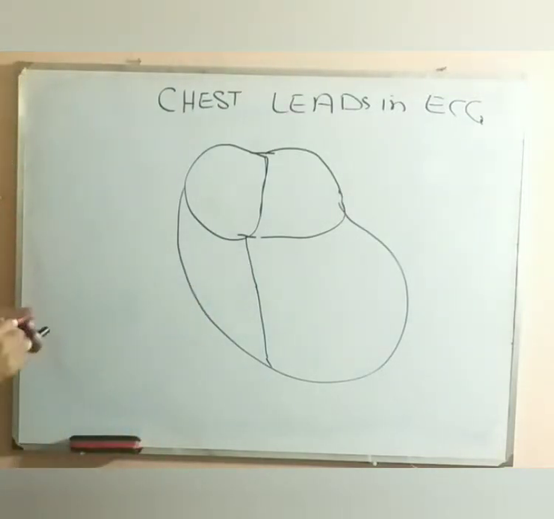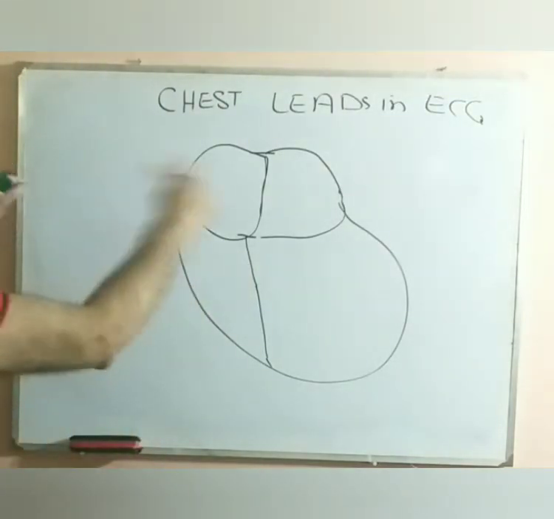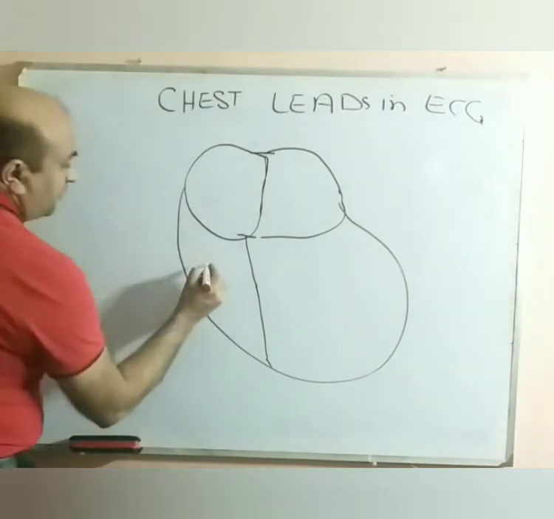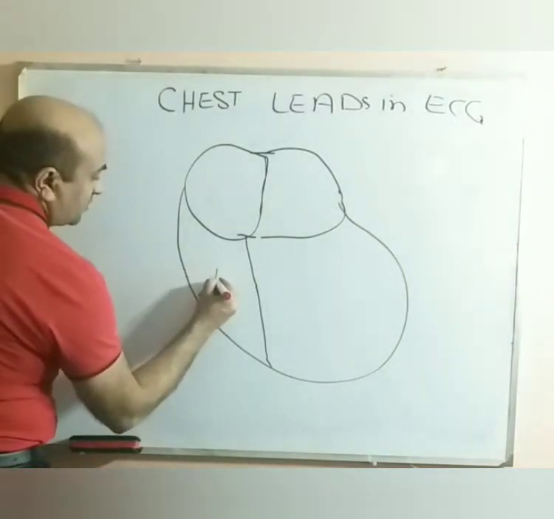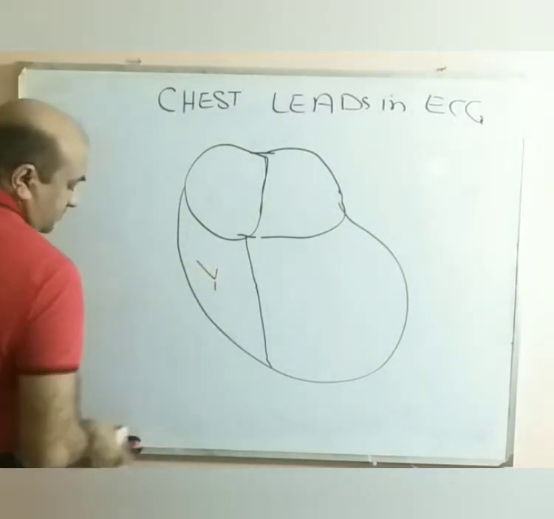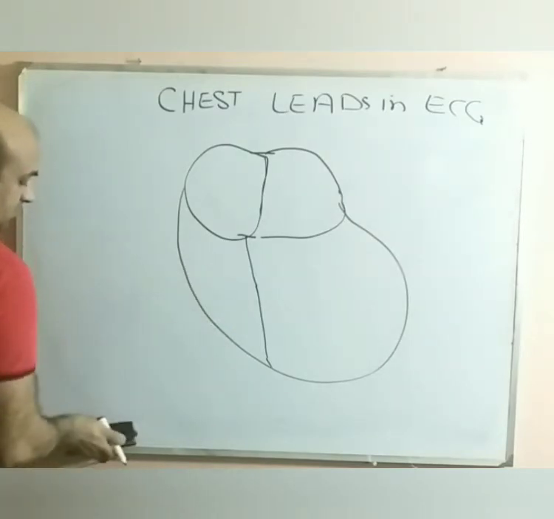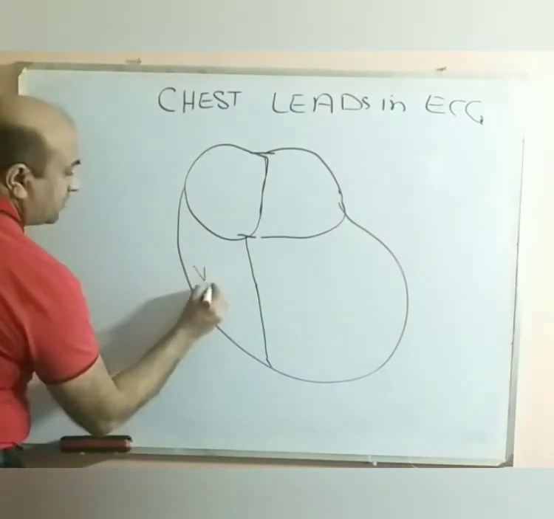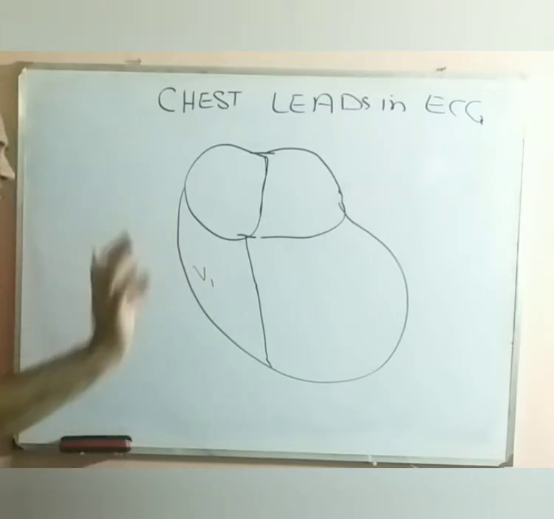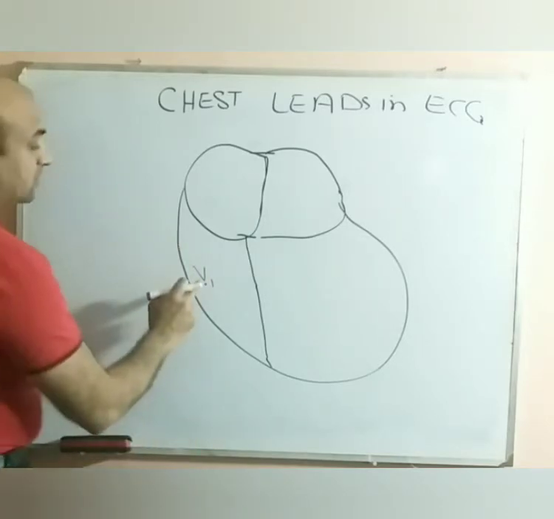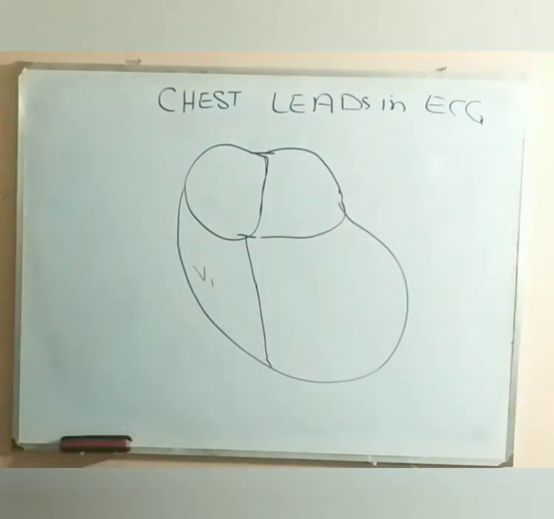So if I place the chest leads as they were in the previous diagram, V1 is located here. You can call it C1, you can call it V1. On the ECG paper, it is always V1, V2, V3, V4, V5, V6, but most of the time on the ECG machine, the letters written are C1, C2, C3, C4, C5, C6.